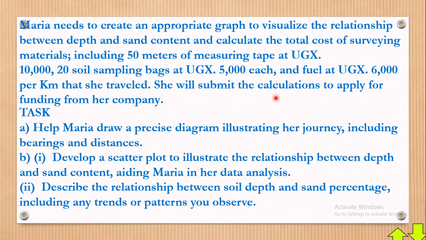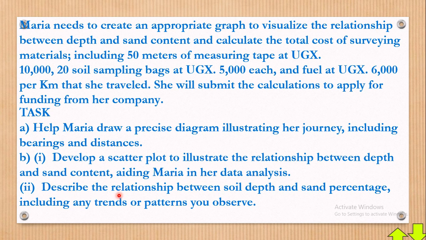She will submit the calculations to apply for funding from her company. Part A: help Maria draw a precise diagram illustrating her journey, including bearings and distances. Here, talking about bearings and distances, means that they will need our sketch. Part B: develop a scatter plot or scatter graph to illustrate the relationship between the depth and sand content, aiding Maria in her data analysis.